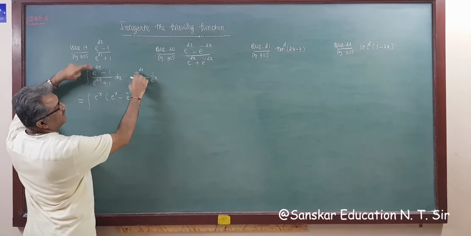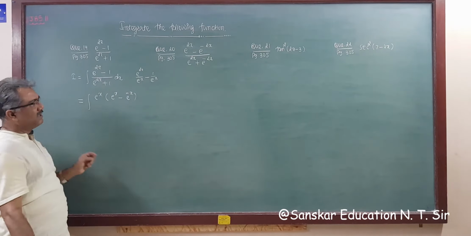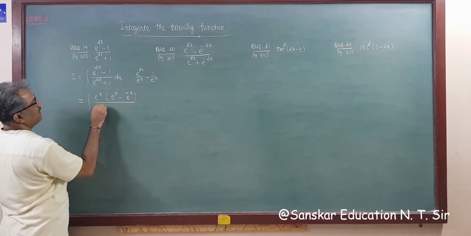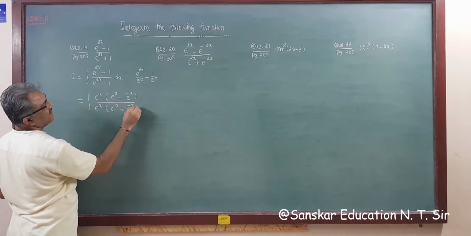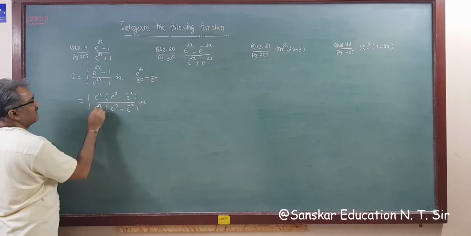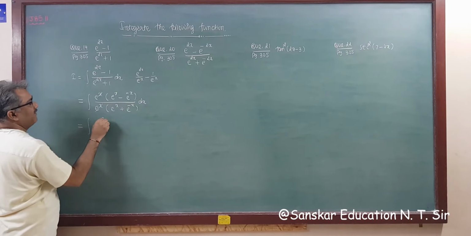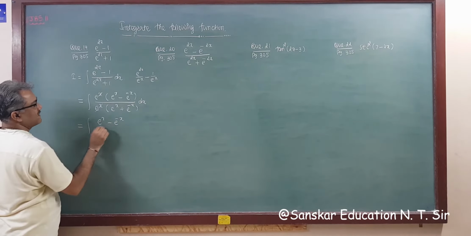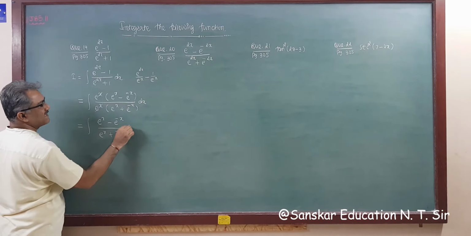The base is the same, twice x minus x is x, and 1 upon e raised to x is e raised to minus x. Similarly in the denominator e raised to x is common, so e raised to x plus e raised to minus x dx. So this will cancel. Remaining is the integration of e raised to x minus e raised to minus x whole upon e raised to x plus e raised to minus x dx.